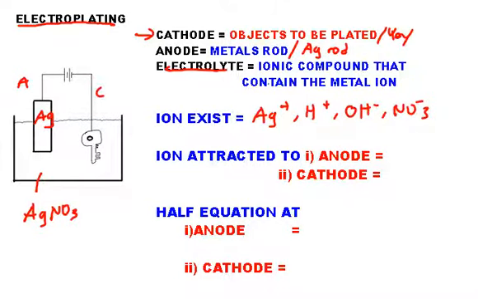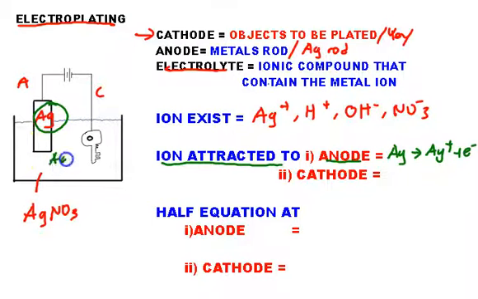So now the main thing here: what happens at the anode? As we saw in the previous lesson, we have a change of electrode. So this is argentum, so the argentum rod will change to ions and release electrons. So here you will have argentum ions from the rod, and not forgetting you also have the ions from the electrolyte solution itself.